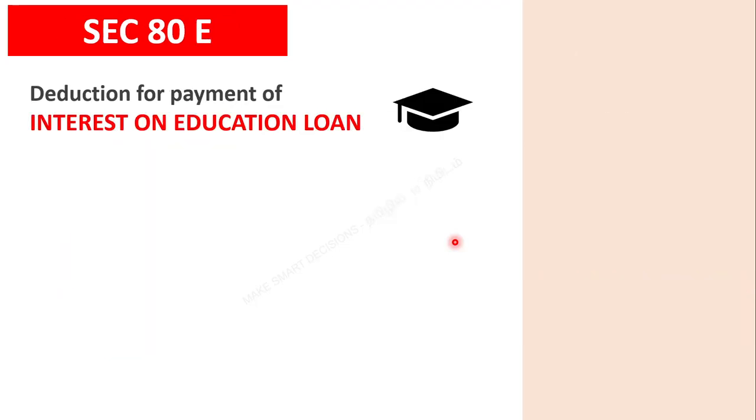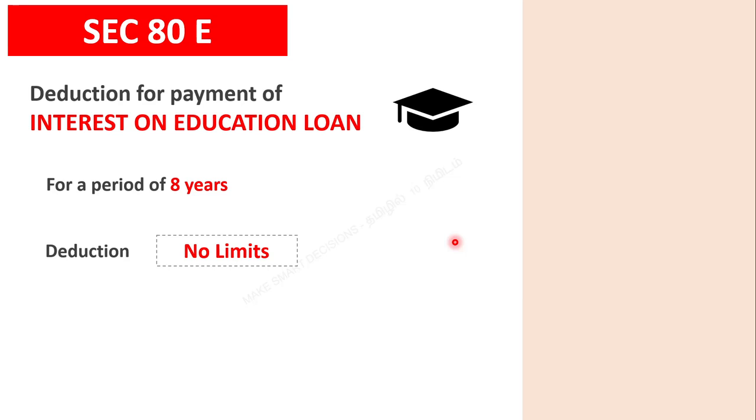We have section 80E. Many of us would have taken an education loan for our undergrad or postgraduate studies. Do you know that you can claim tax benefit for the interest that you are paying on your education loan? Yes. For a period of 8 years, you can claim deduction from your net taxable income only for the interest component, not for the principal component of the education loan.